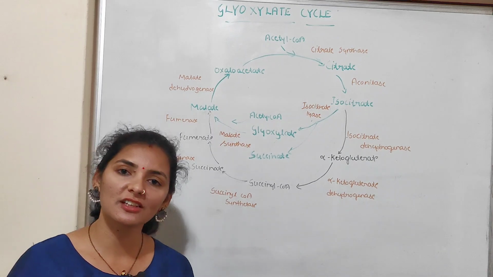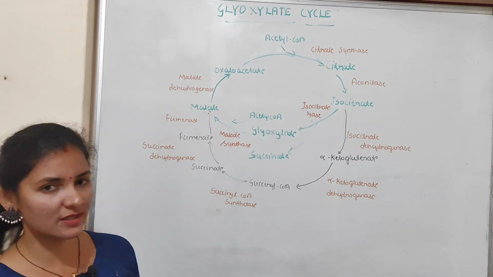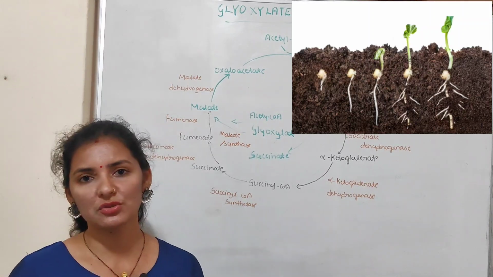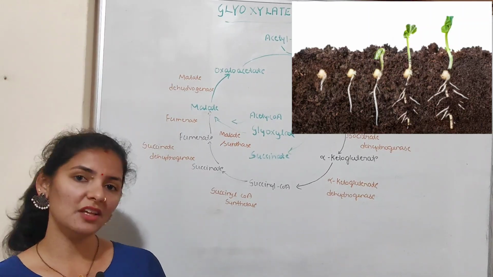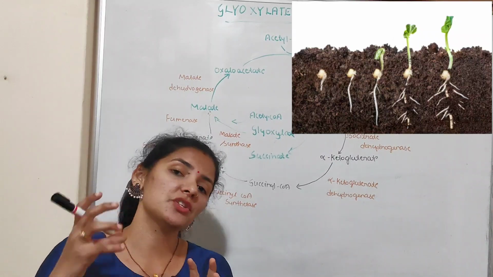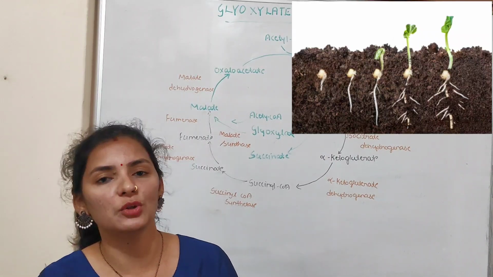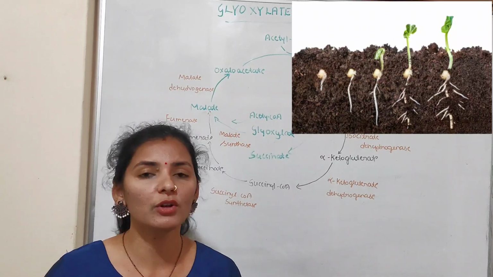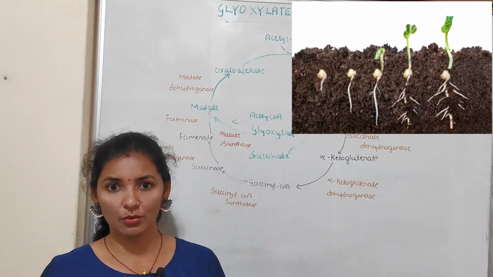Now we'll talk about the significance or importance of this glyoxylate cycle. This glyoxylate cycle plays a very important role in the plant, mainly during the germination. As you all know, during germination, the lipids that are stored in the seeds will be converted into carbohydrate, because the germinating seed will not photosynthesize to produce carbohydrate.